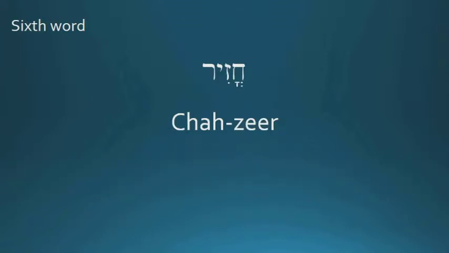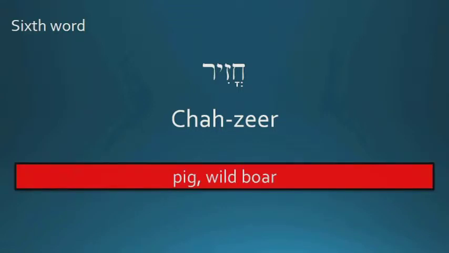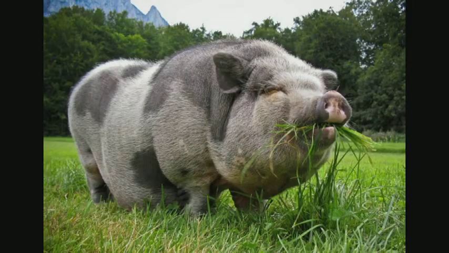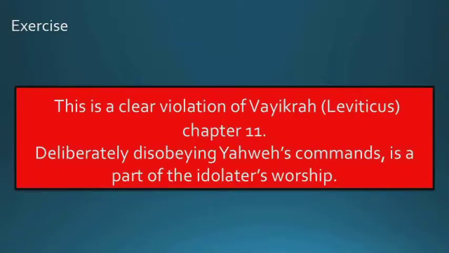The next word, chazir. This actually has far greater meaning than I want to discuss at this time. There's much more to chazir than we see here, but the word itself just means a pig or a wild boar. Now this is what they're going to eat, this pig or wild boar, this chazir.